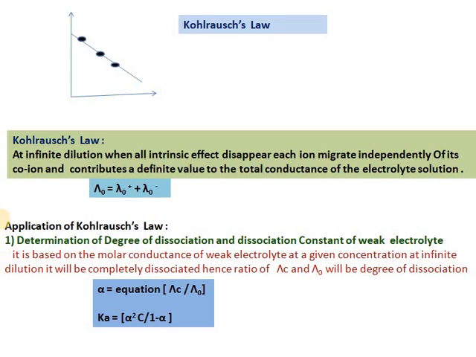For this, the graph shows that for various strong electrolytes, when the limiting molar conductance is measured for a series of those electrolytes, we can obtain the values of limiting molar conductance. And so these two statements mean the limiting molar conductance of an electrolyte is the sum of the limiting molar conductance of the cation and anion of the electrolyte.